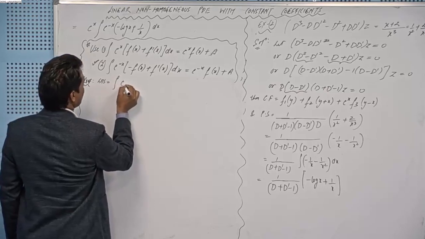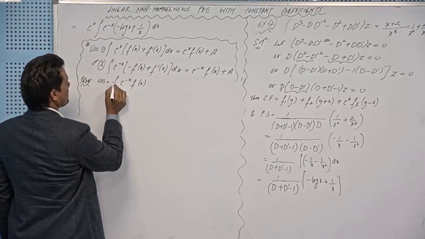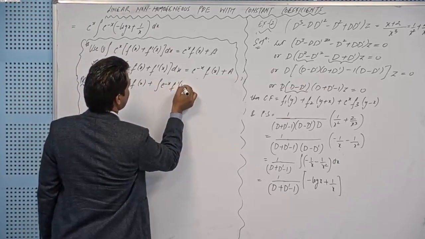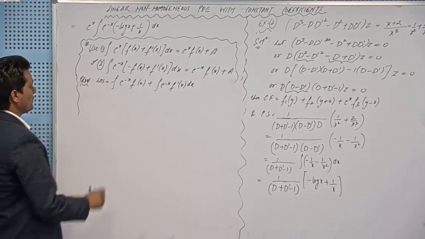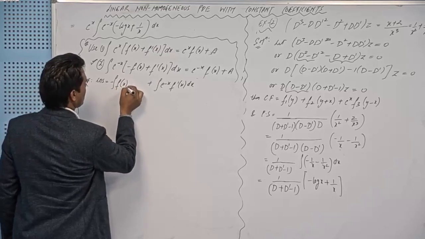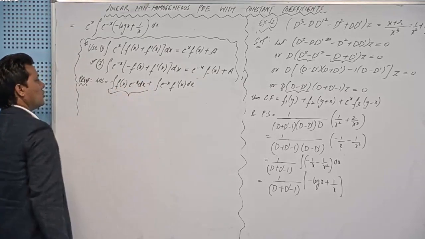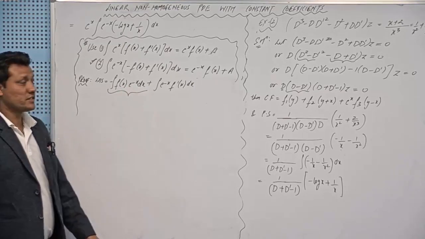Let me write integration e to the power minus x f x, and here I have minus, plus integration e to the power minus x f dash x dx, right? If I take f x as the first function, and e to the power minus x dx as the second, I will apply the rule of by parts on this, taking u as f x and the second function v as e to the power minus x.